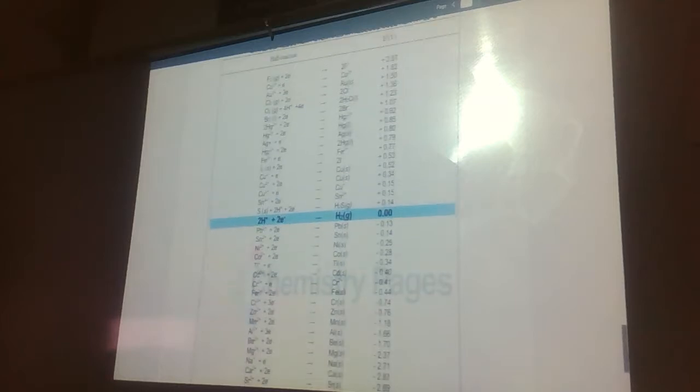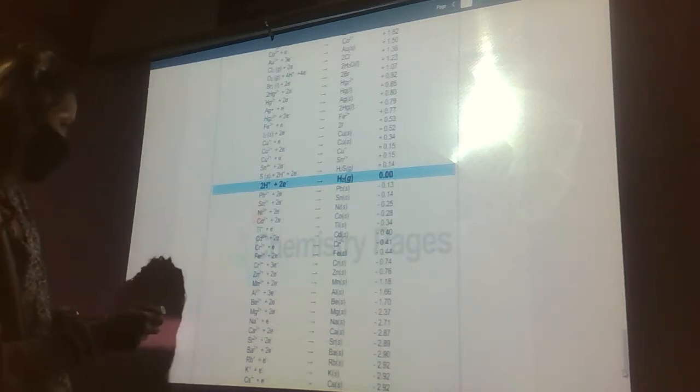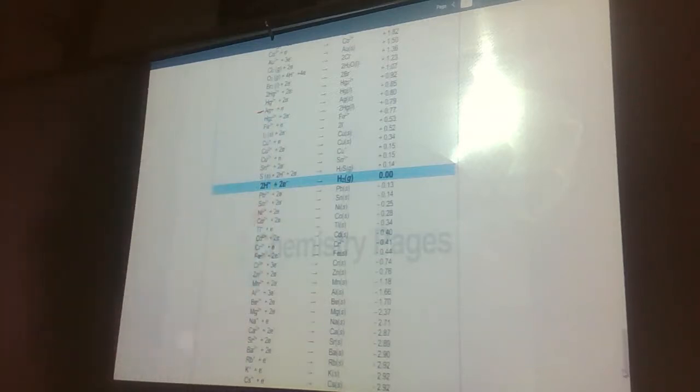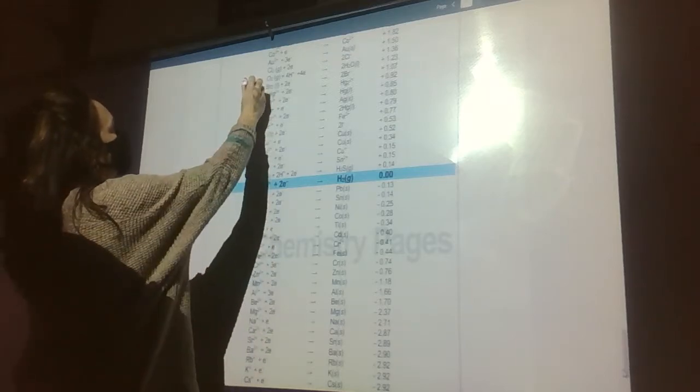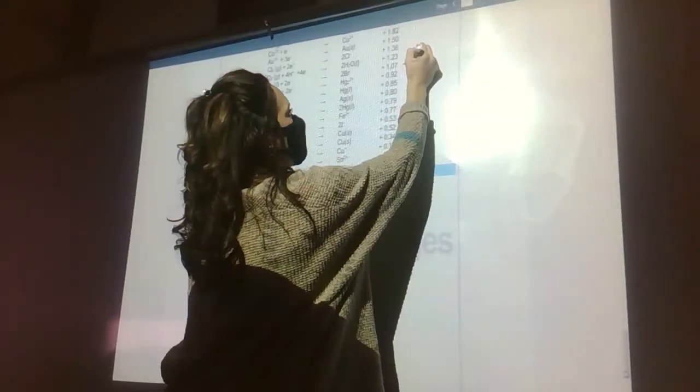So we go down to the table and we find silver and we find bromine. So silver is here. Bromine is above it here. So this one, the higher one, keeps the positive.